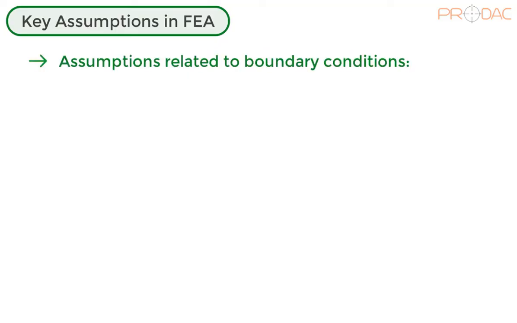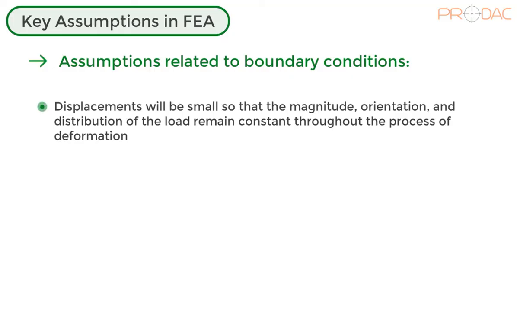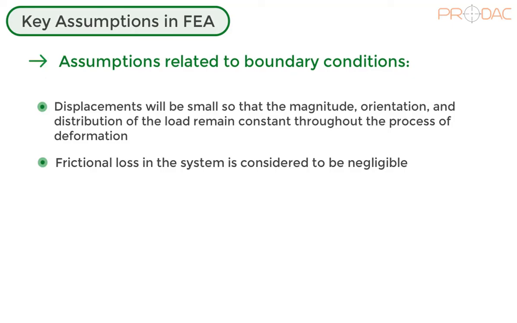And the third one is assumptions related to boundary conditions. Displacements will be small so that the magnitude, orientation, and distribution of the load remain constant throughout the process of deformation. Frictional loss in the system is considered to be negligible.